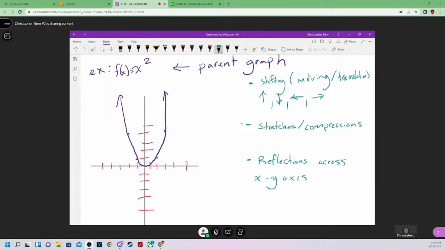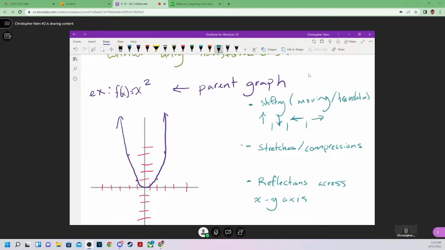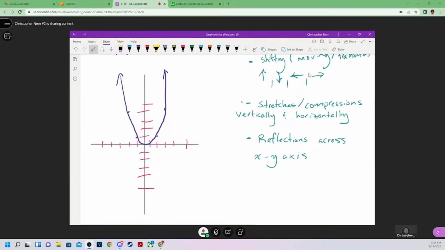I apologize, you have stretches and compressions vertically and horizontally. Stretches in these manners, vertical and horizontal stretches and compressions. You have reflection across the x and y axis. So all of these are the set of transformations that we need to deal with for any sort of parent graph.